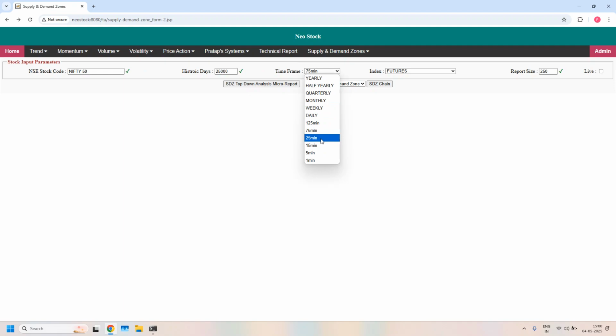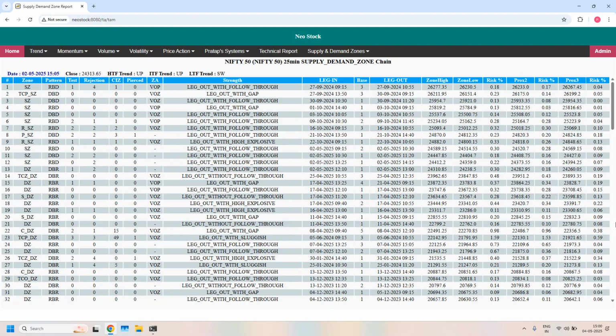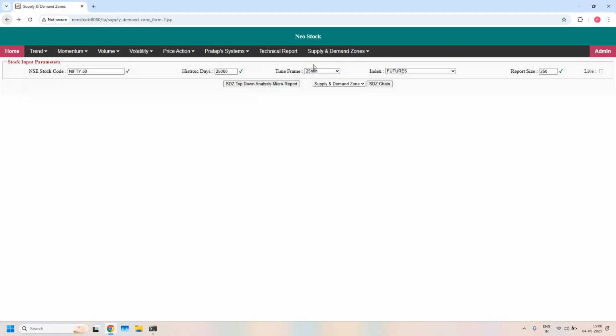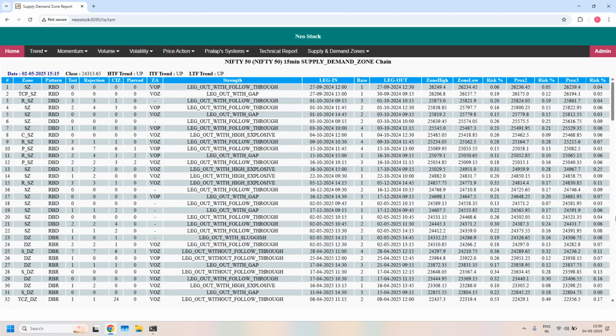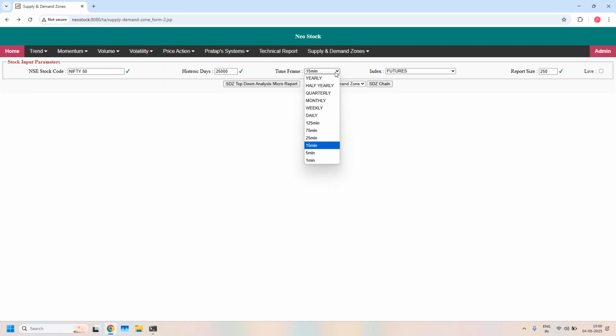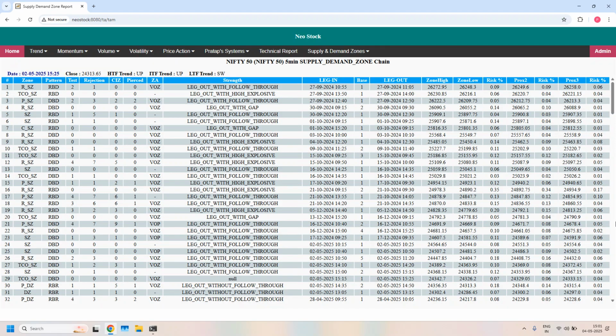Next, generating 25 minute supply demand zone chain for NIFTY. Next, generating 15 minutes supply demand zone chain for NIFTY. Next, generating 5 minutes supply demand zone chain for NIFTY.